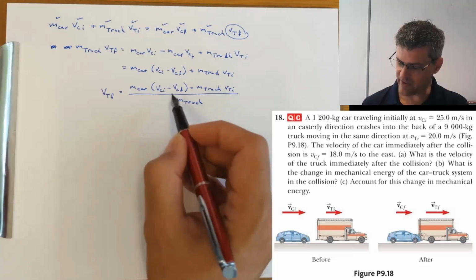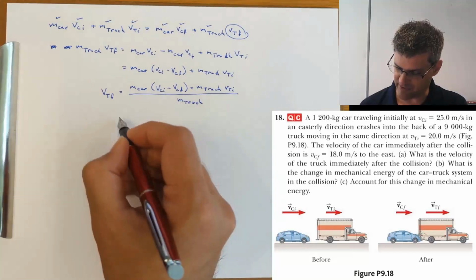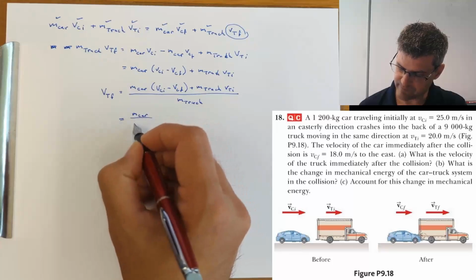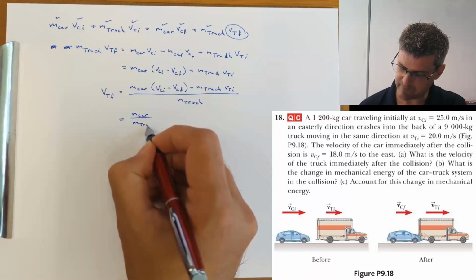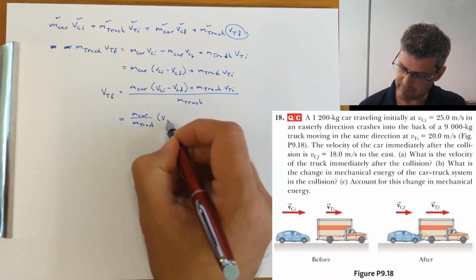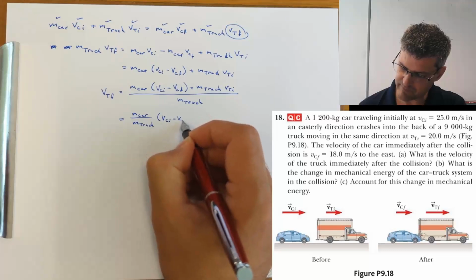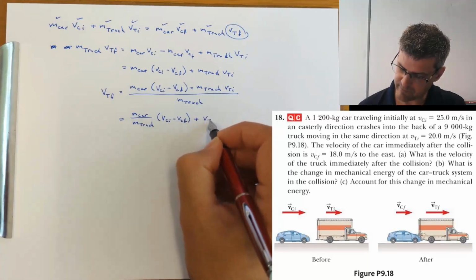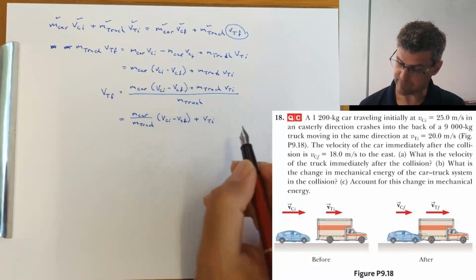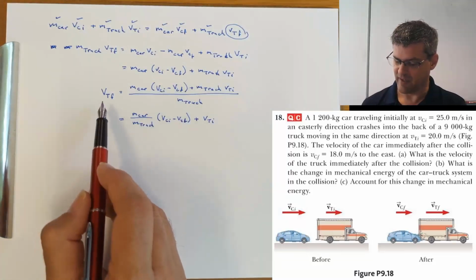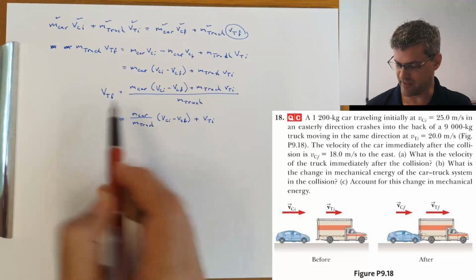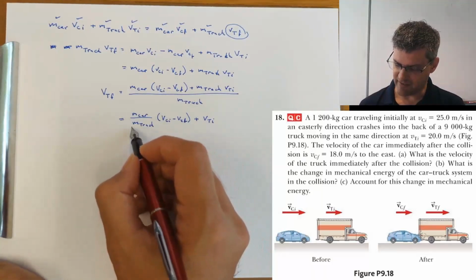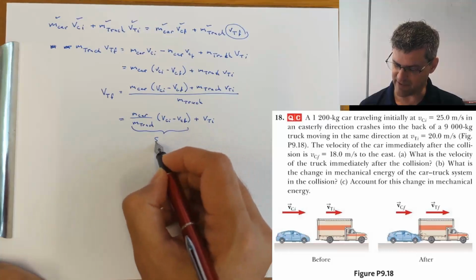Now, we could also rearrange terms here just a little bit, and why don't we do that? And what we see is the final velocity of the truck is basically the initial velocity of the truck plus stuff that happens during the collision.